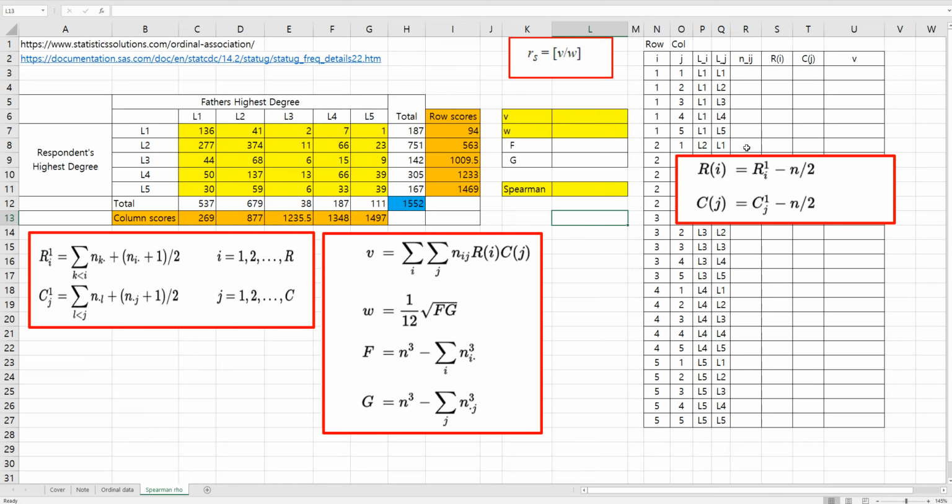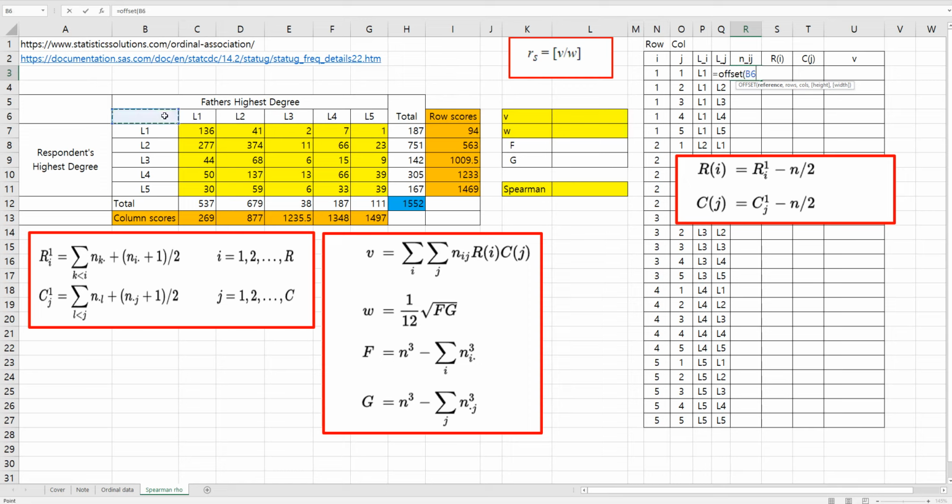Then let's move on to calculate Ri and Cj, because V can be calculated by using the sum of Nij times Ri times Cj. Nij is the cell counts data, so we can use the OFFSET function.